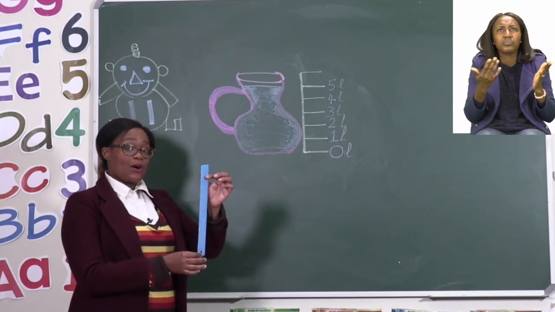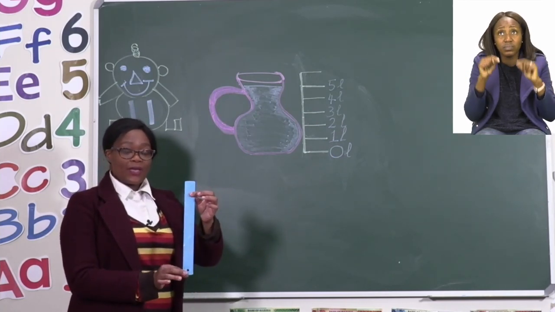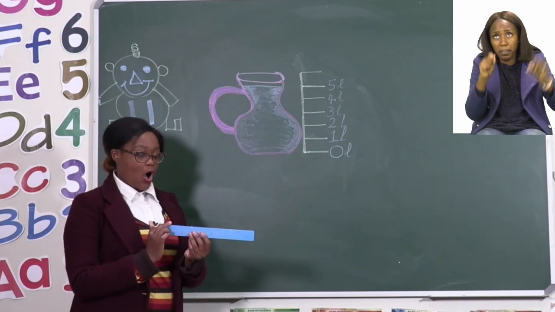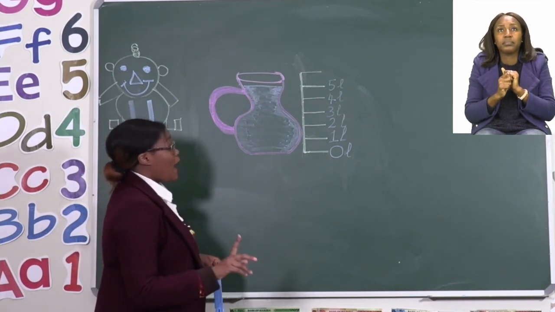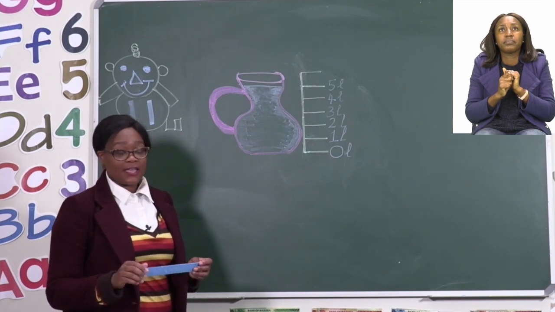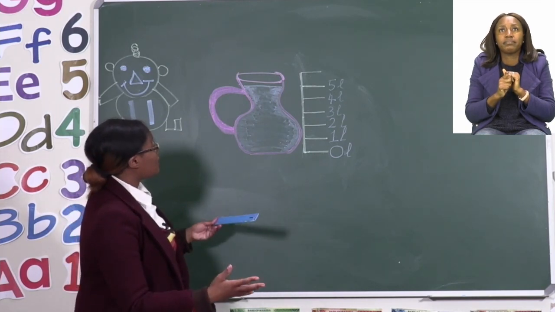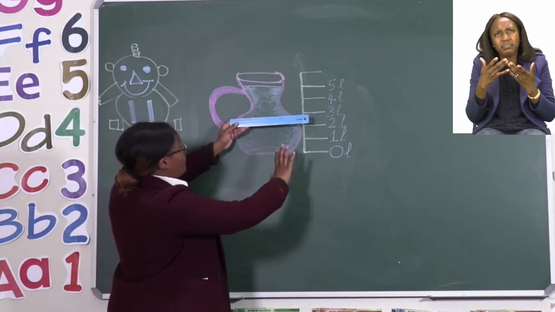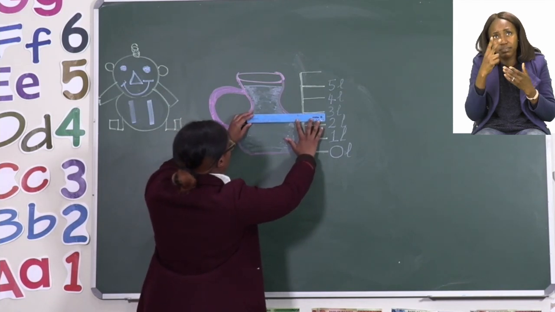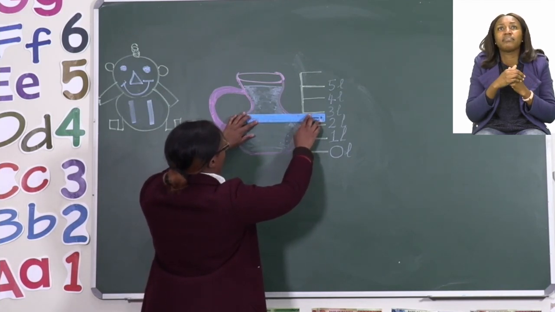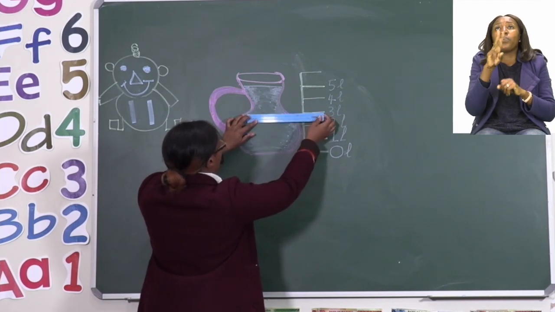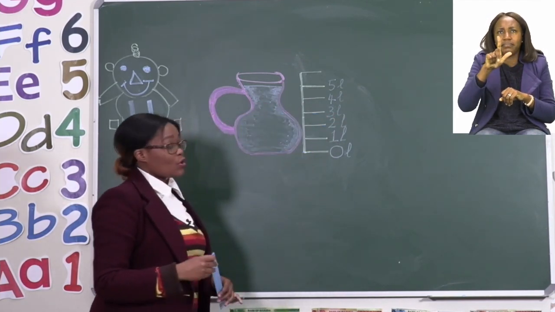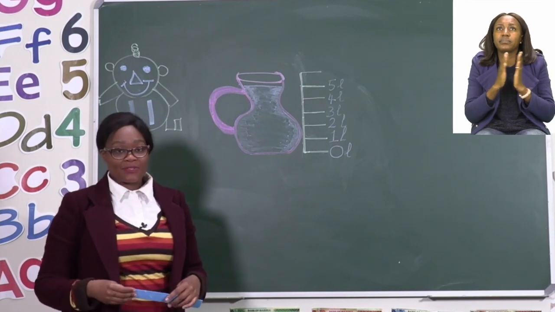So instead of using our ruler this way today, we're going to use it horizontally, which means if we want to know how many liters there are, for example, I'm looking for 3 liters. I put my ruler where 3 liters is, and I know that this is the 3-liter mark. So go ahead and try the same as well.